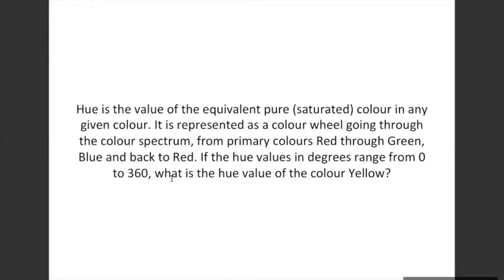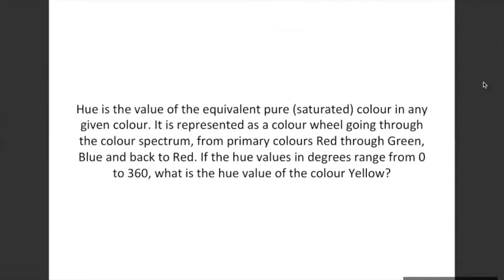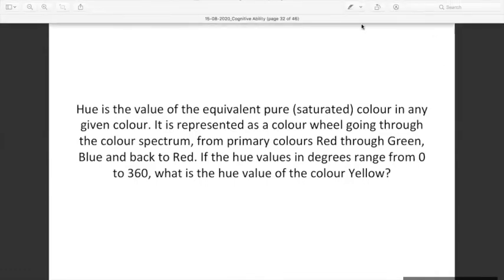Has anybody found what will be the hue value of the color yellow if red refers to 0 degrees or 360 degrees? Yes, Aneri, you're absolutely right. Anybody wants to say, who has come across the answer? You need to draw the color wheel in this kind of question.